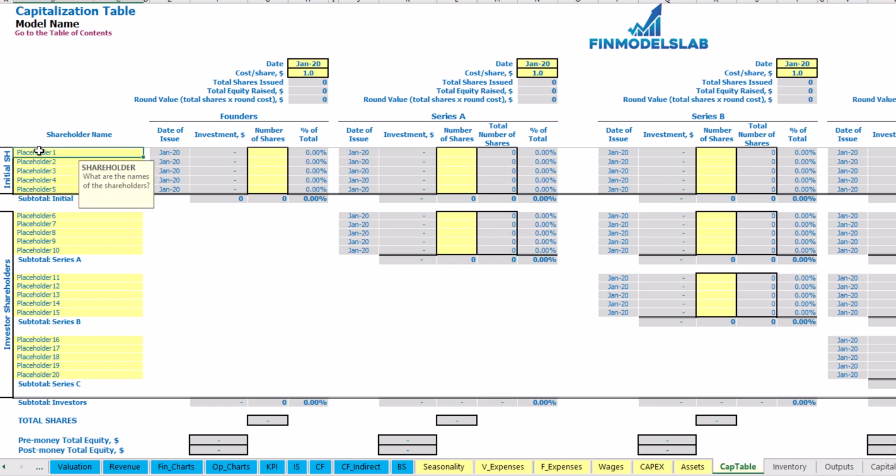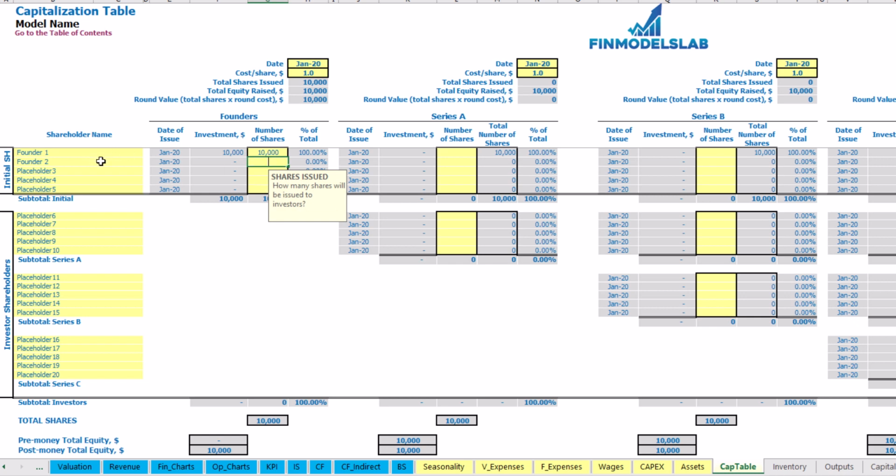Let's pretend that we have 2 founders, founder 1 and founder 2. So the total amount of shares for founder 1 can be 10,000, for founder number 2, 20,000. Let's imagine that the cost of share will be $2 and the date of founding is February.